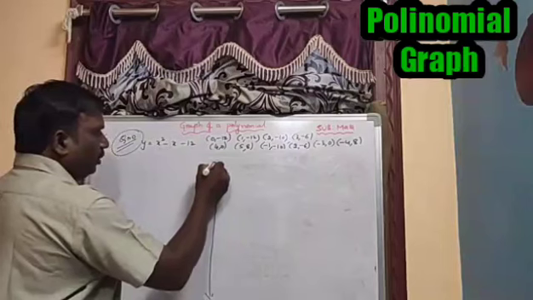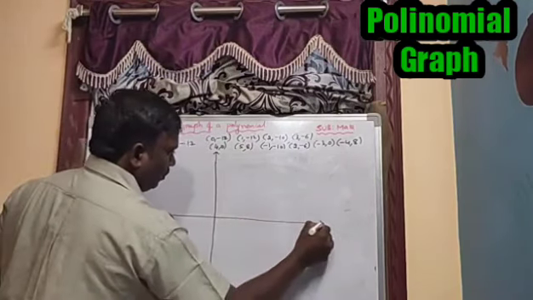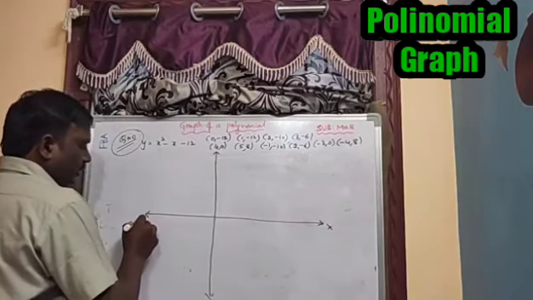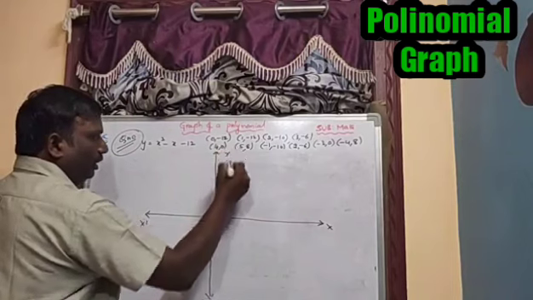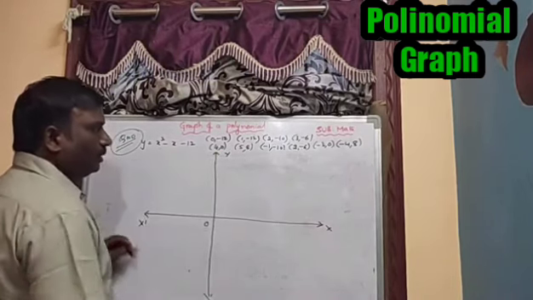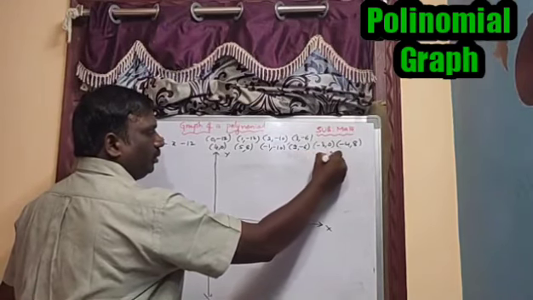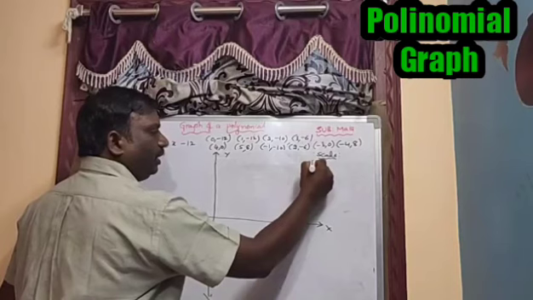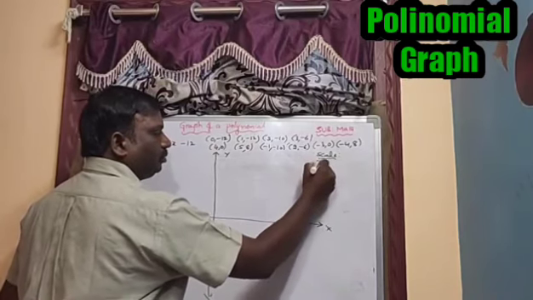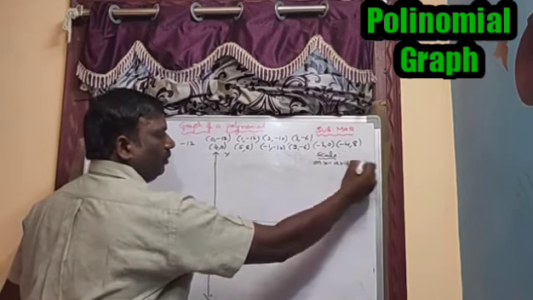So here I will write x-axis, x dash, y dash, and the origin 0. Scale you can write here. How you are taking: on the x-axis 1 centimeter equal to 1 unit.